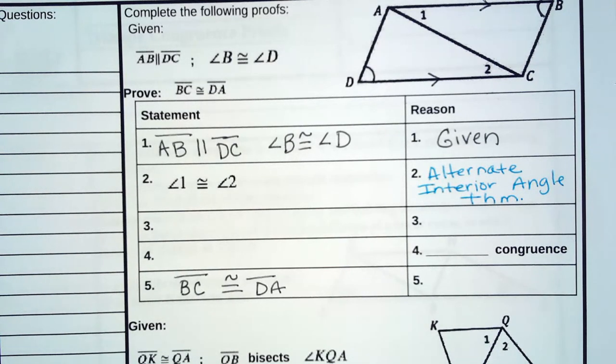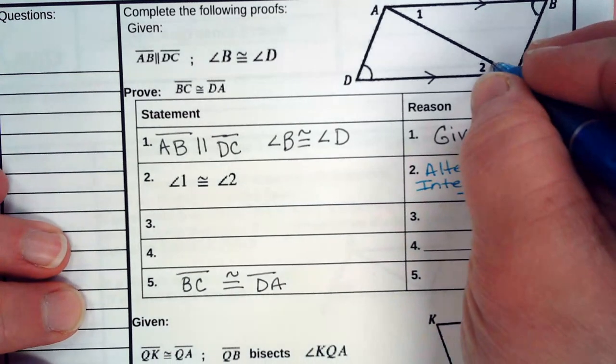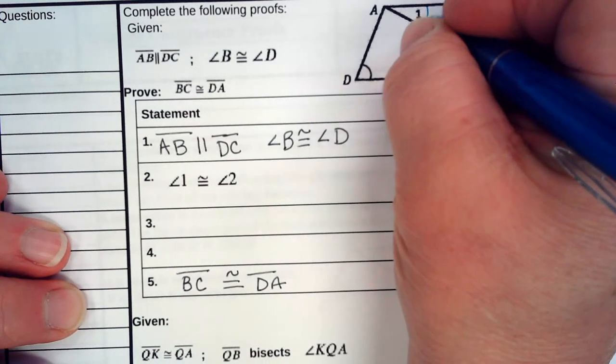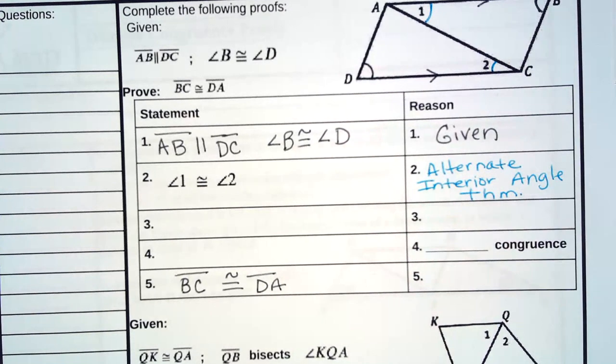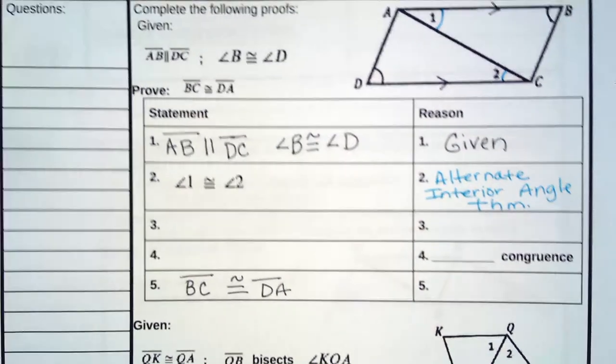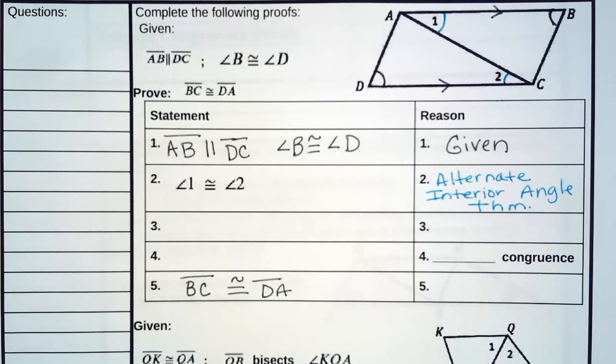Okay, so we have two angles that are congruent. Is there anything else between those two triangles we know has to be congruent? Because we're wanting to prove triangles are congruent.